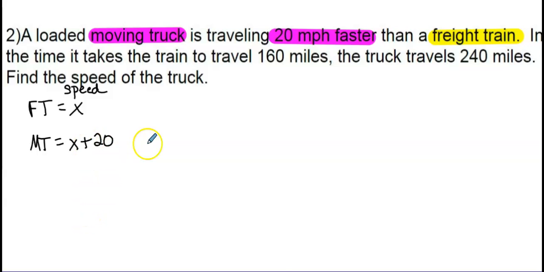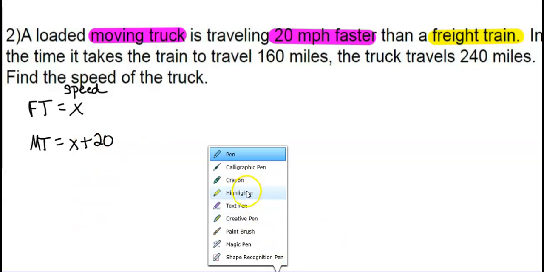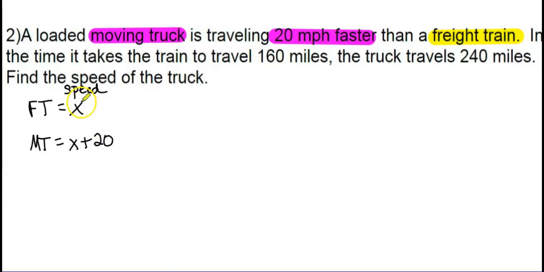But what I have to use too is the number of miles that they went. What matches the freight train's speed? The number of miles that it traveled was 160. So that matches that one. What would go with the moving truck's speed in a proportion?